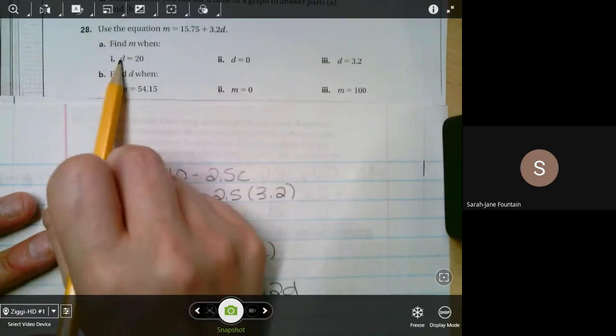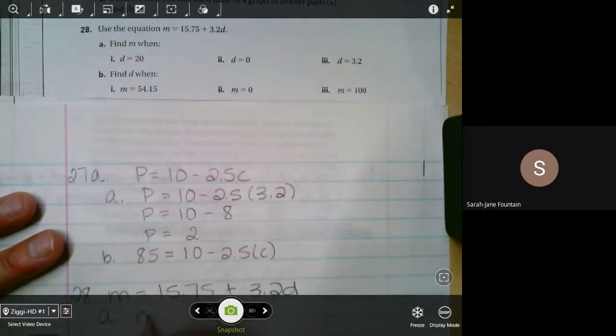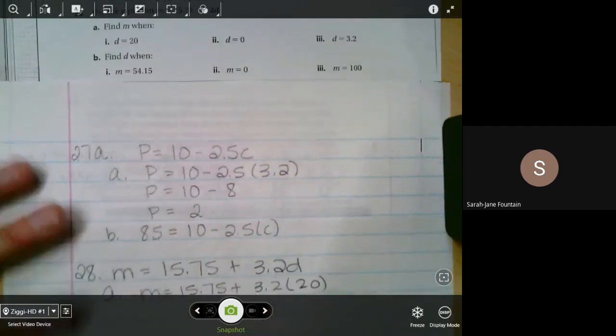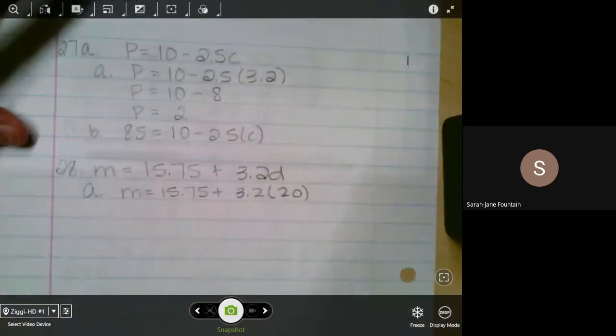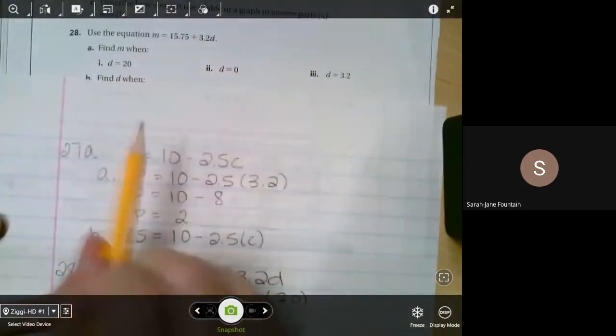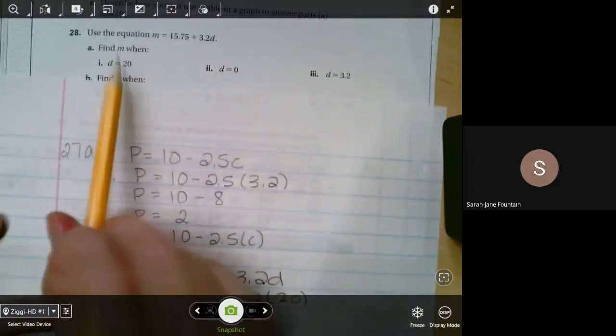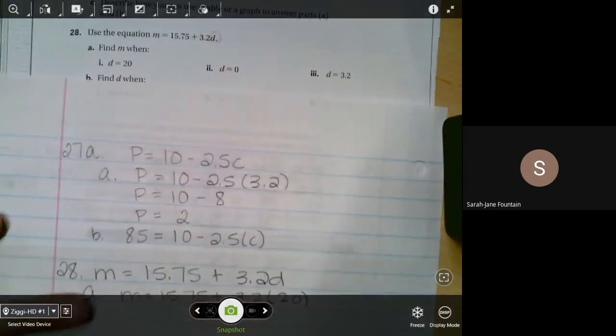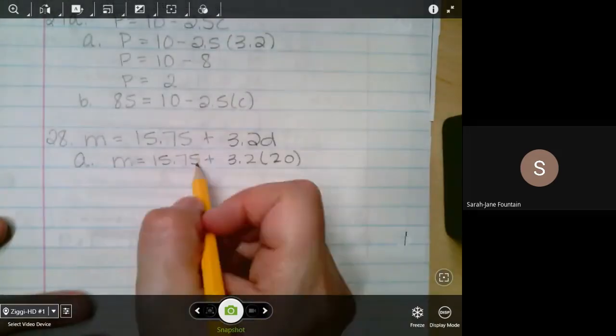Find M when D equals 20. So I have M equal to 15.75 plus 3.2 times 20. All I did was take this number that they gave me and I plugged it in for D. So now we can solve this.